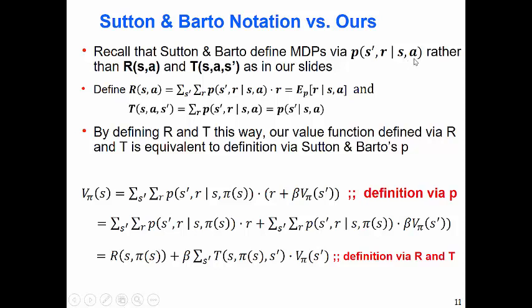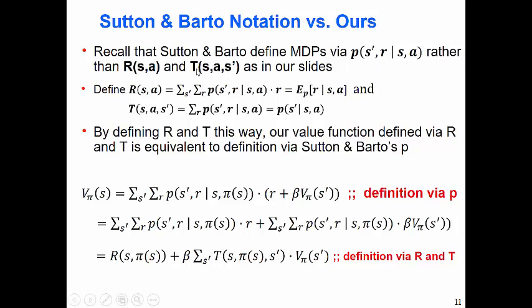So if you're in state S and you take action A, there's some probability you're going to get S prime as the next state and a reward R as the next reward. In the book, you have to have discrete rewards for this to work nicely with summations, or you'd have to treat this as a density, but we won't worry about that.